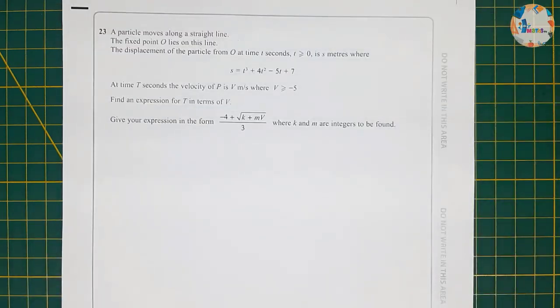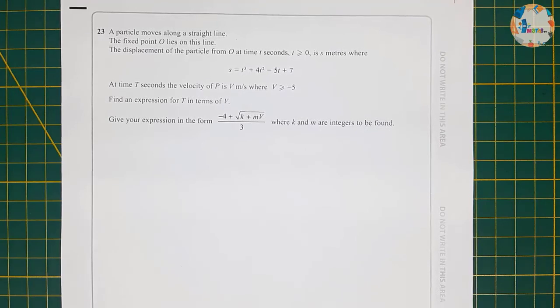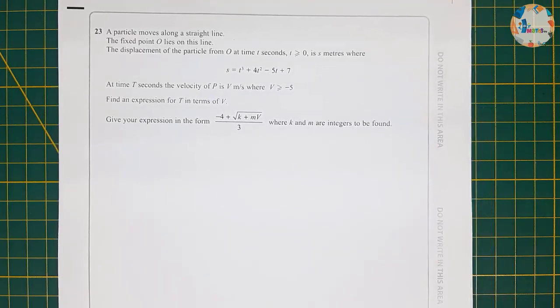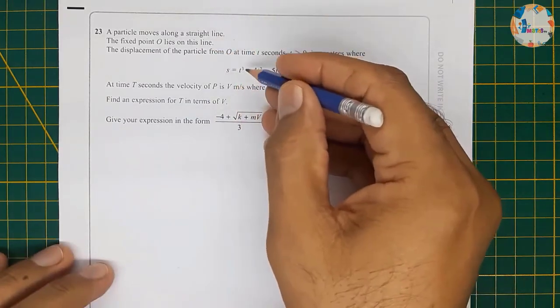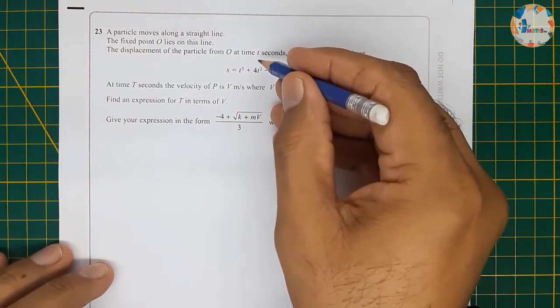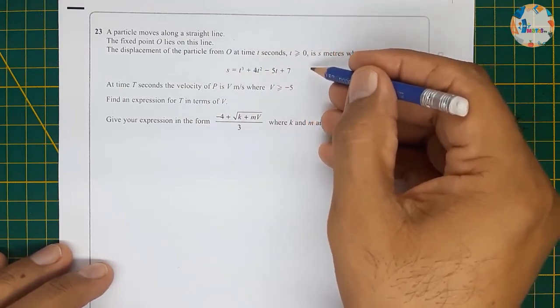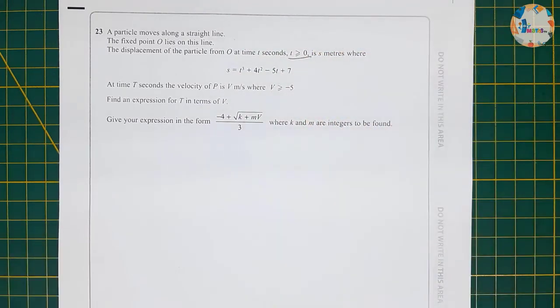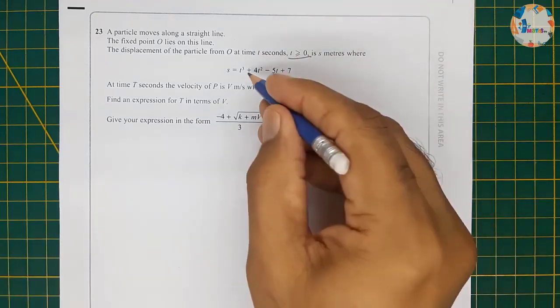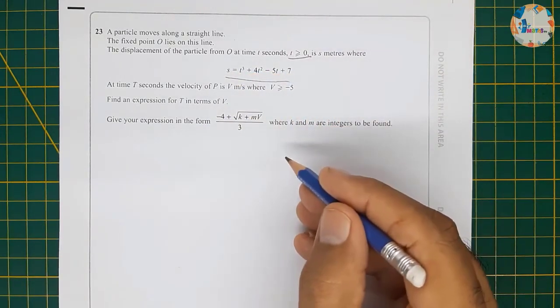Question number 23. A particle moves along a straight line. The fixed point O lies on this line. The displacement of the particle from O at time t seconds, t greater than 0, is s meters, where s is equal to this one.